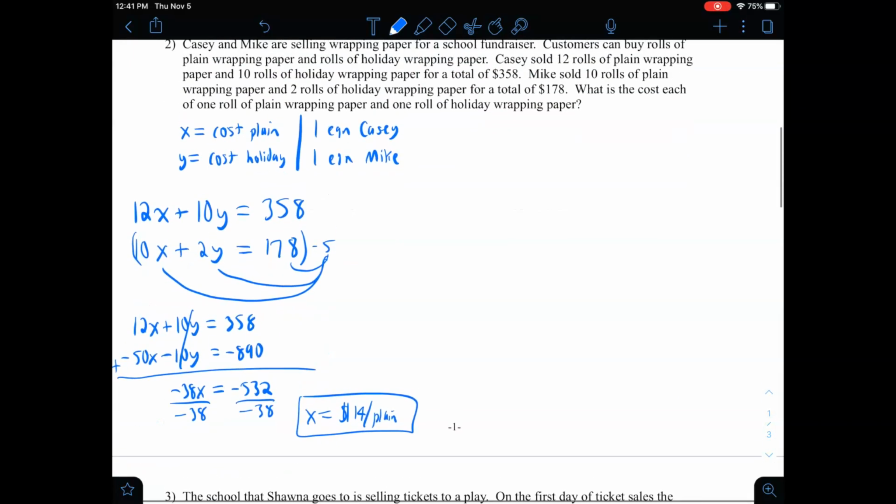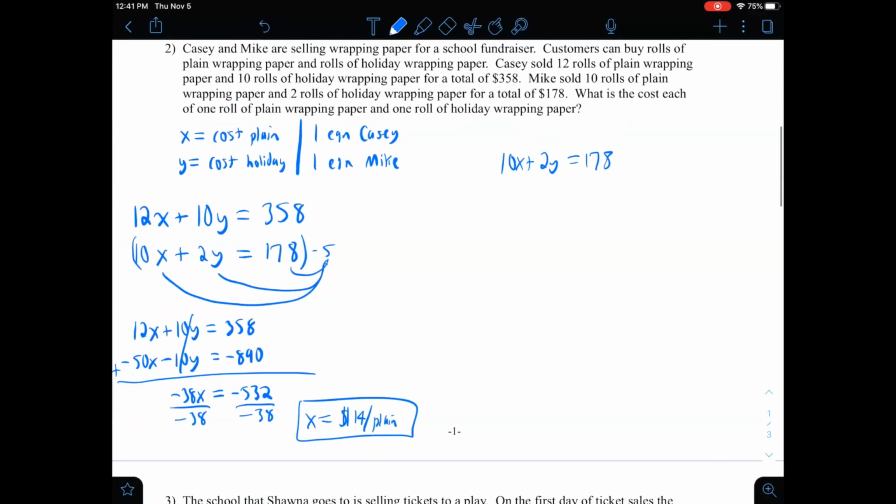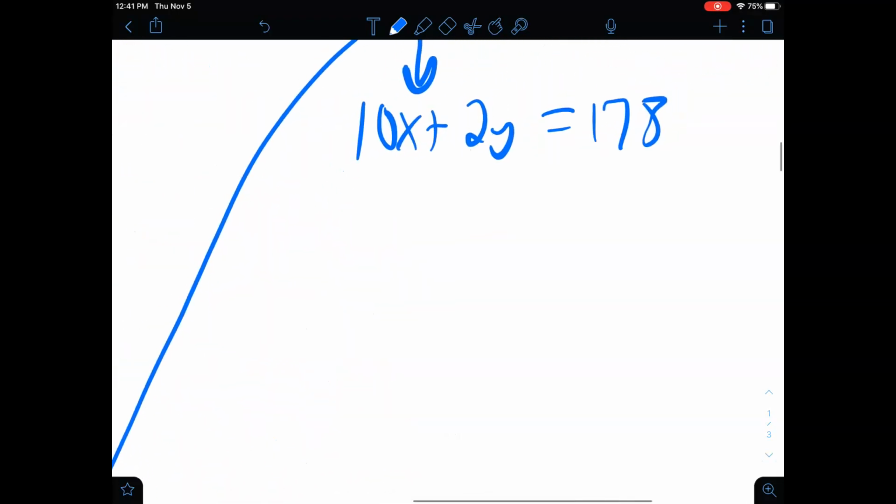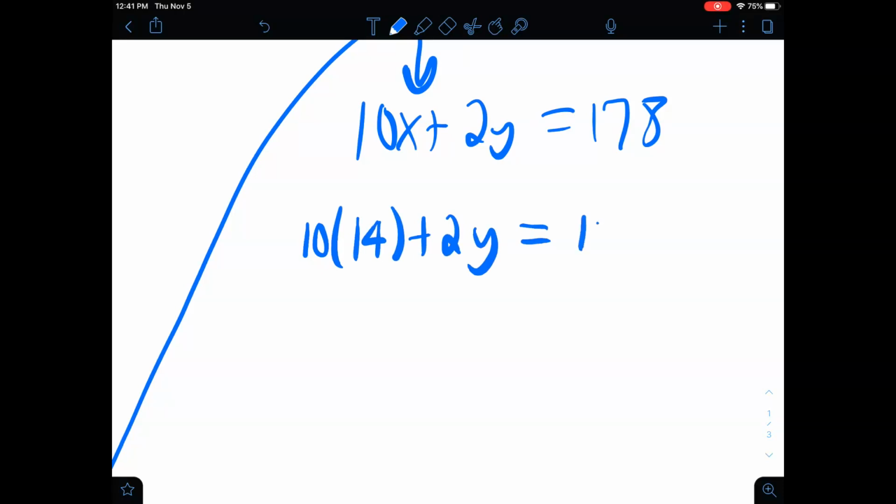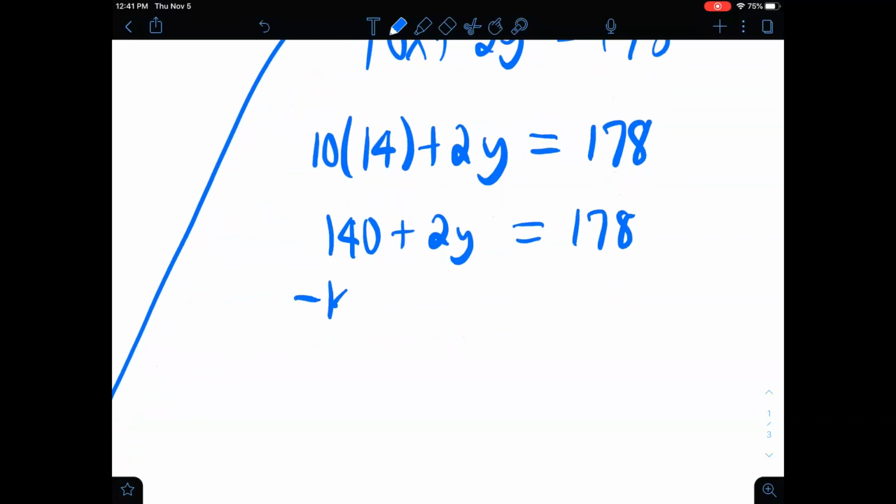All right, then we've got to plug that in to solve for y now. So I'm going to plug into the bottom equation, 10x plus 2y equals 178. We're going to plug in 14 for x because x equals 14. So we have 10 times 14 plus 2y equals 178. 10 times 14 is 140, plus 2y equals 178.